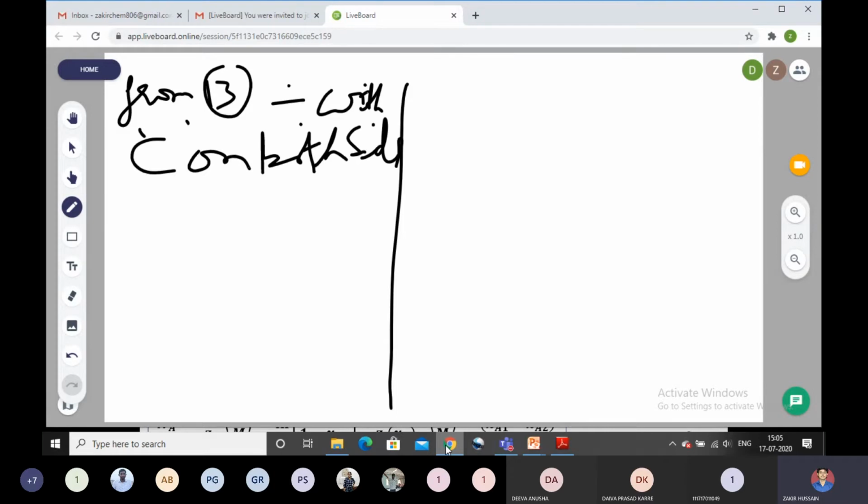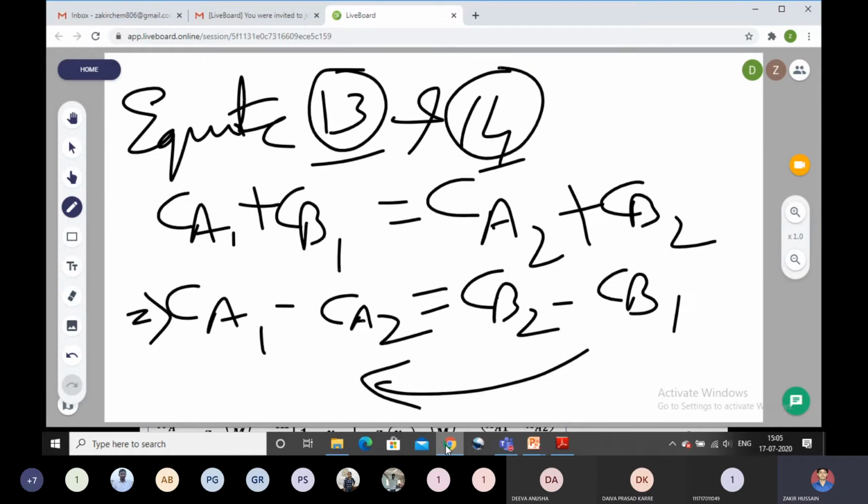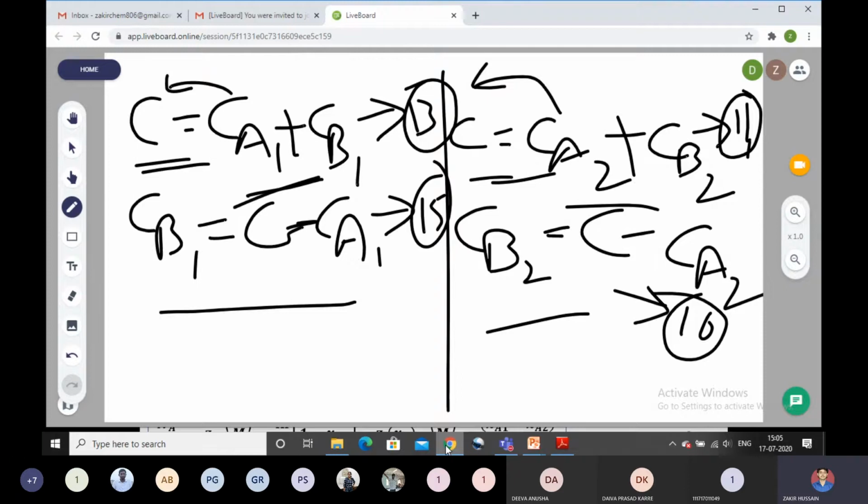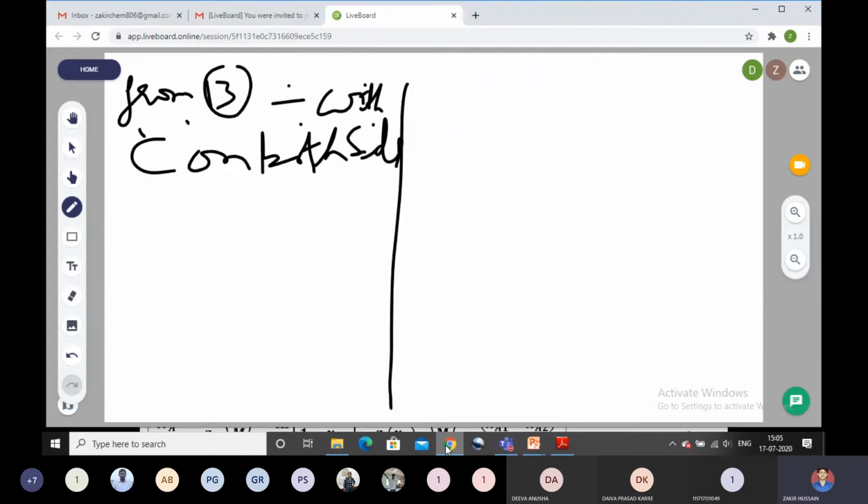Otherwise, we can remember the sum of the mole fractions is equal to 1, the sum of the weight fractions is equal to 1. Otherwise, from equation 13, we can derive that also.